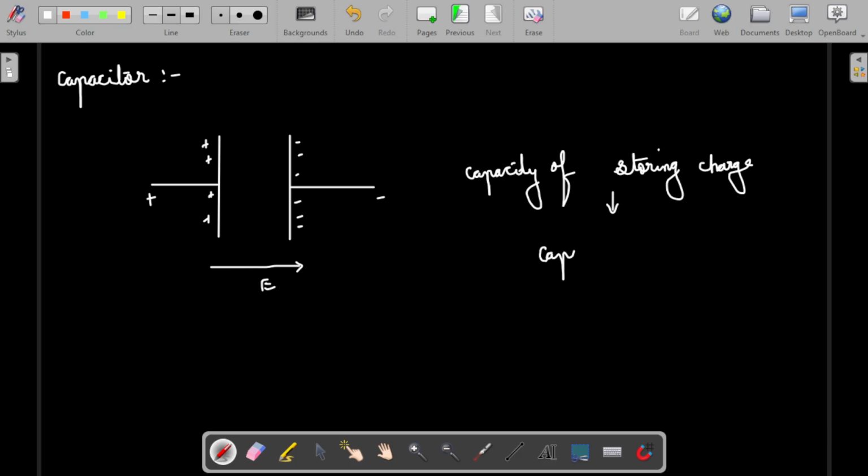Everywhere, a physical property or quantity that is measured is stated with a unit. The charge on the plate, Q, is directly proportional to the potential difference across the plates.